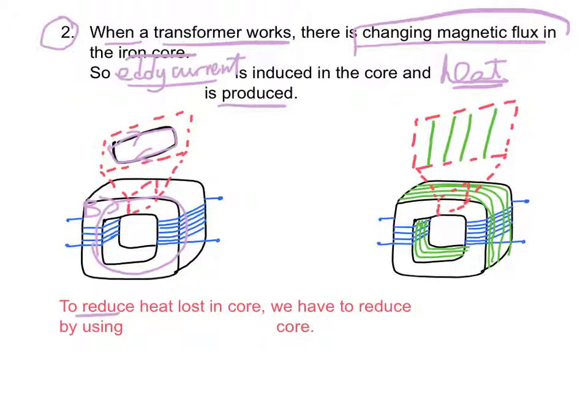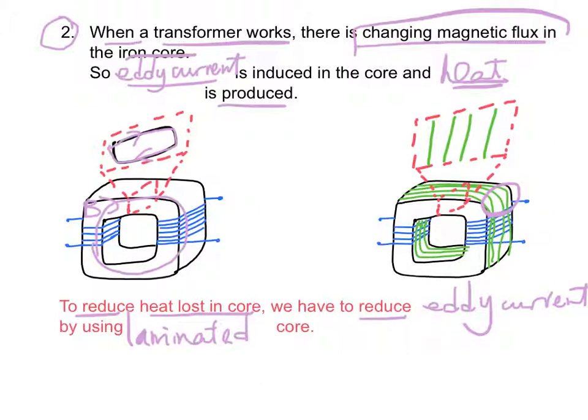To reduce the heat loss in the core, we have to reduce the eddy current by using a laminated core, as shown in the diagram.